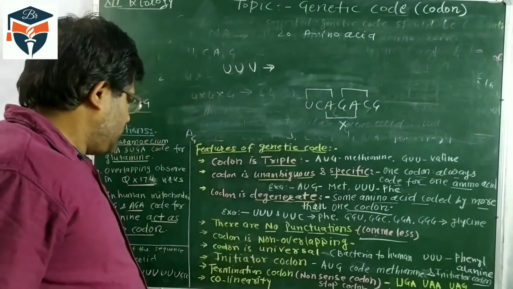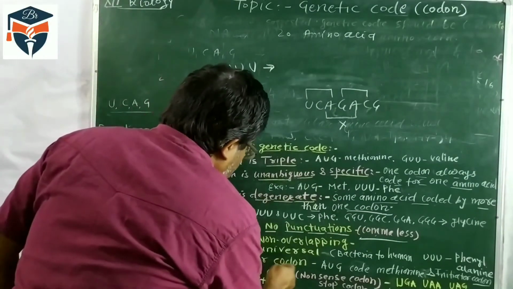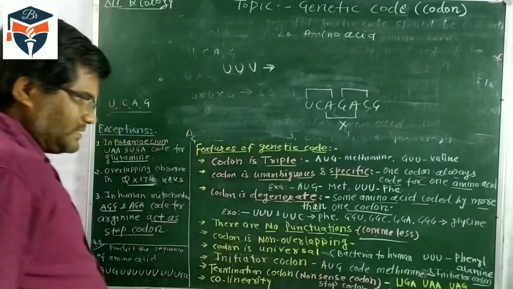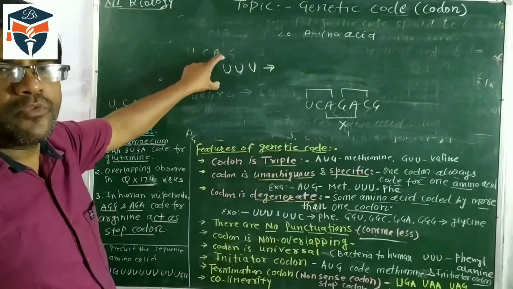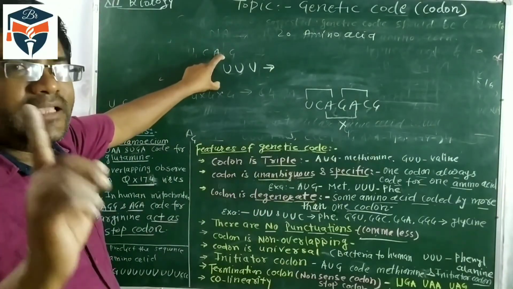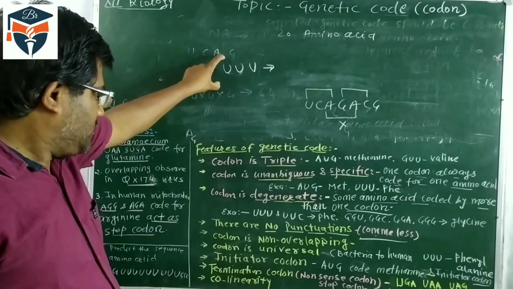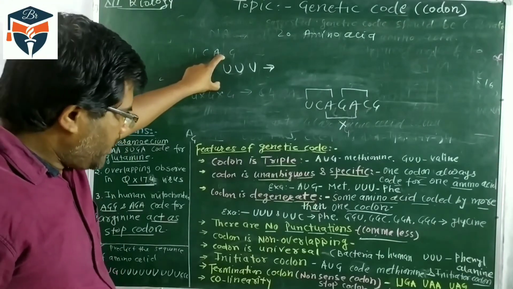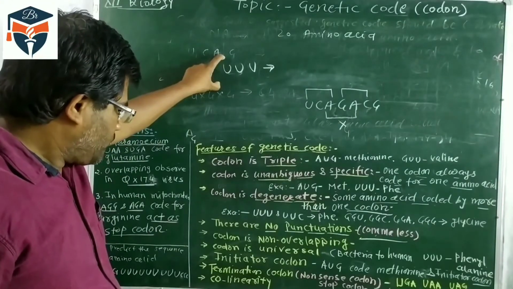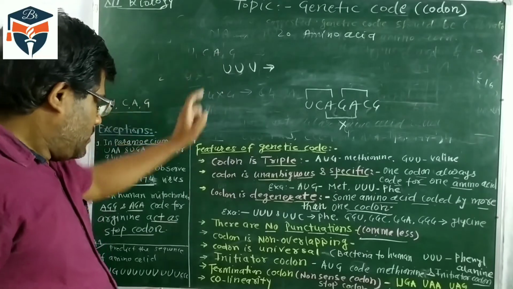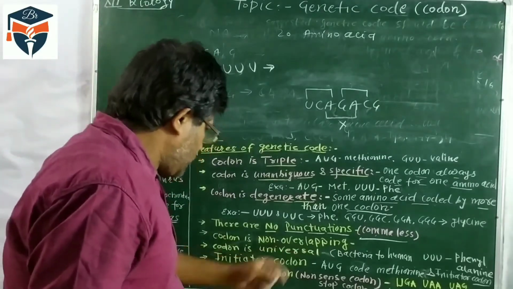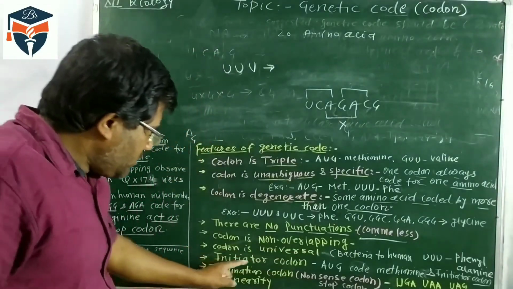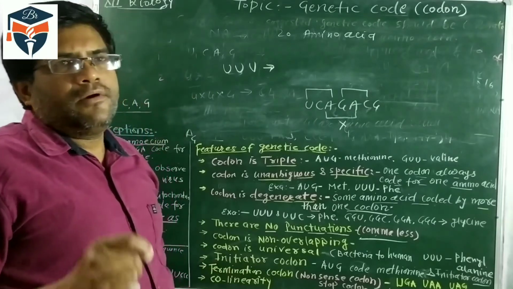And that's why we say the codon is universal. It means one codon will always code the same amino acid, either in prokaryotes or in eukaryotes. Another is the initiator codon. What is the initiator codon?